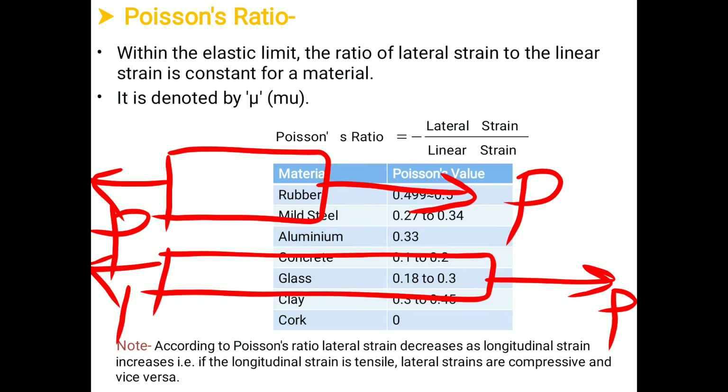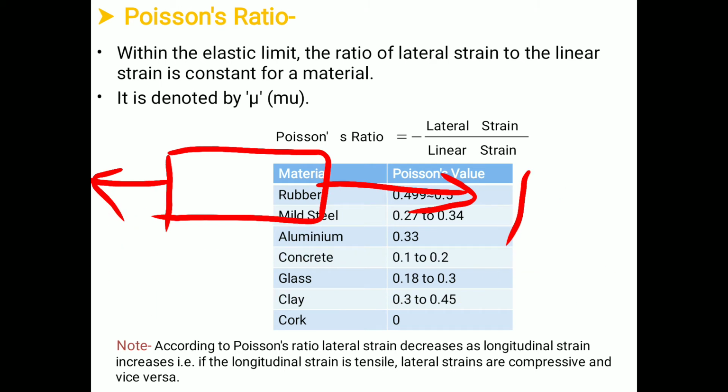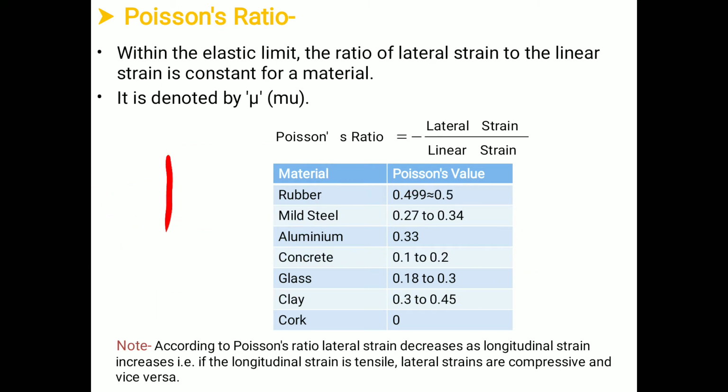It means that its length will go on increasing, but at the same time its lateral dimension, its cross-sectional dimension, will go on reducing. Therefore, we have the minus sign in Poisson's ratio, which is equal to minus lateral strain upon linear strain.